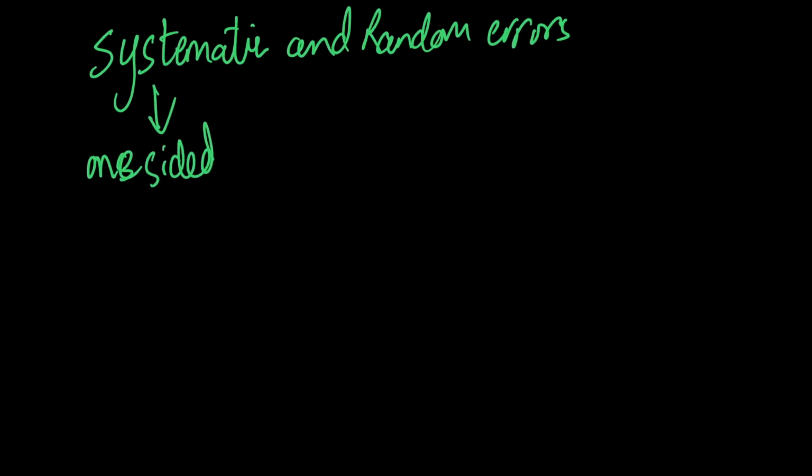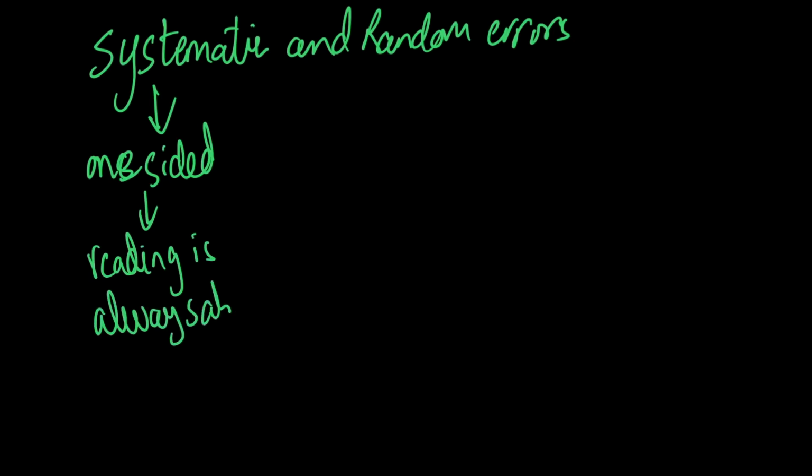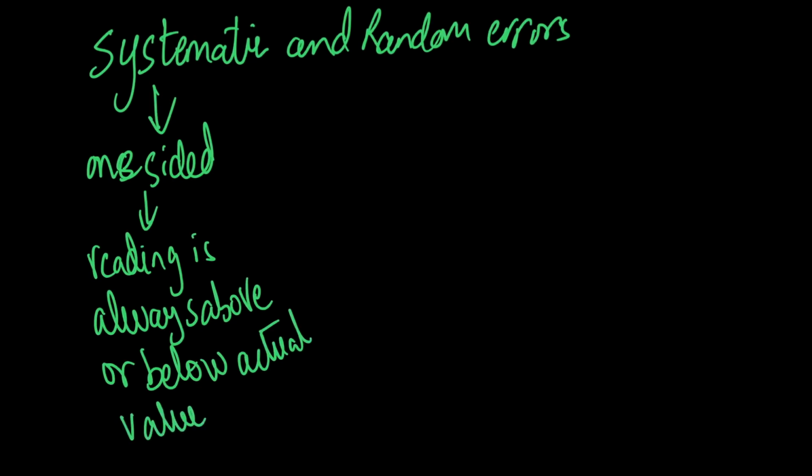They are one-sided errors and they occur because of a reading that is always above or below the actual value or the true value, या जो असल value है. So they are one-sided because the reading is always above or below.